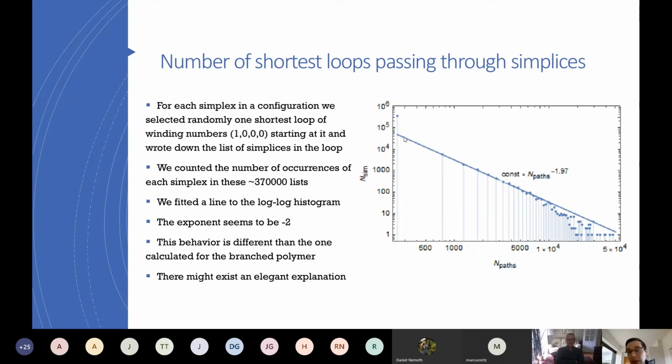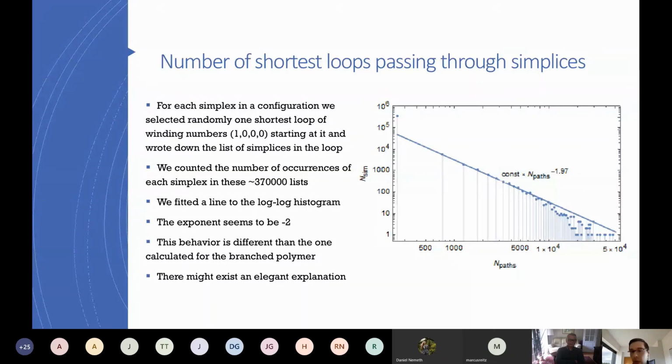And the last measurement that I want to present is one of the most interesting ones, the number of shortest loops passing through simplexes. For each simplex, we can find not only the length of the shortest loop that goes through it, but we can also write this shortest loop down and get a list of simplexes through which this loop passes.